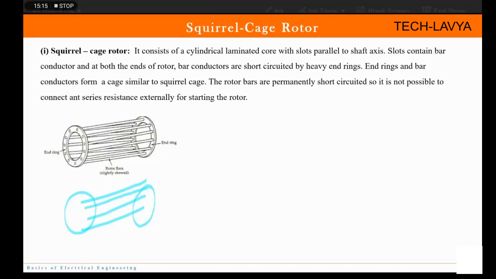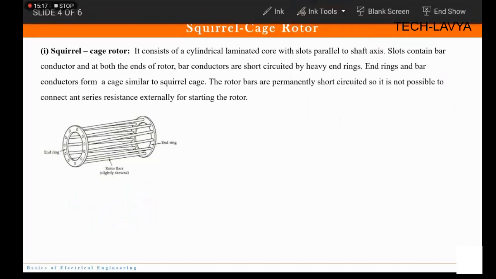Okay, so this is a 3D structure. Correct? So it consists of a cylindrical laminated core with slots parallel to the shaft axis. So they are talking about these slots. See, these slots, these are the parallel bars. Fine.